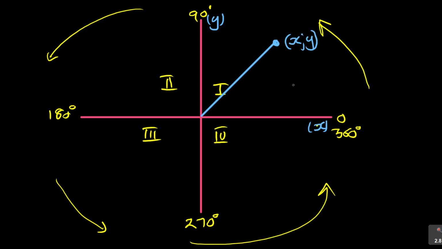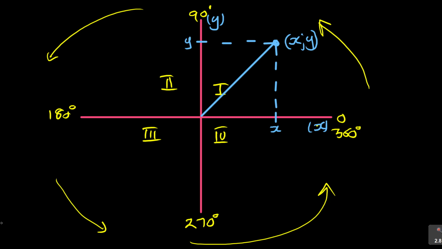The x is this value down here, that is the x value where you are taking it. And the y is this value that I'm taking here, and that is the y value. So the coordinates become x and y.